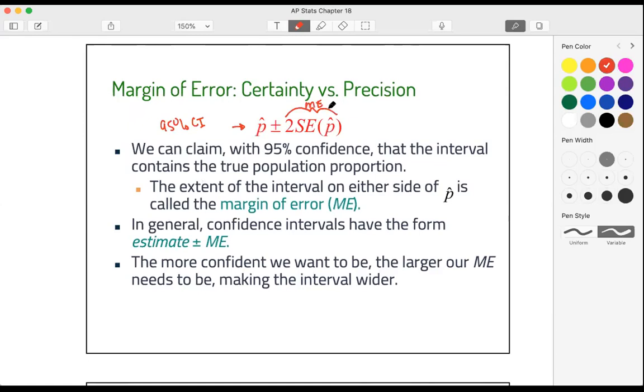The more confident we want to be, the larger our margin of error needs to be, thus making the interval wider. If I have a larger interval, that means more values I capture, which means I am more confident in my interval.